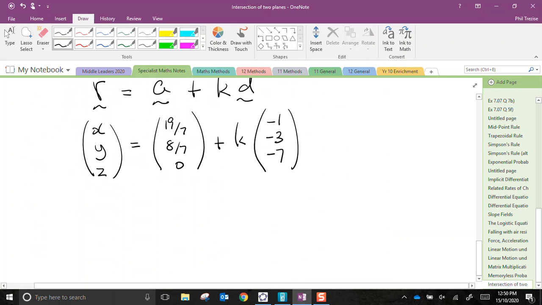What if I want the Cartesian equation of this same straight line? Well, remember that we read this as x equals 19 over 7 plus k times minus 1. If I read the second row, it'll be y equals 8 over 7 plus k again times minus 3. And the third row would be z equals 0 plus k times minus 7.